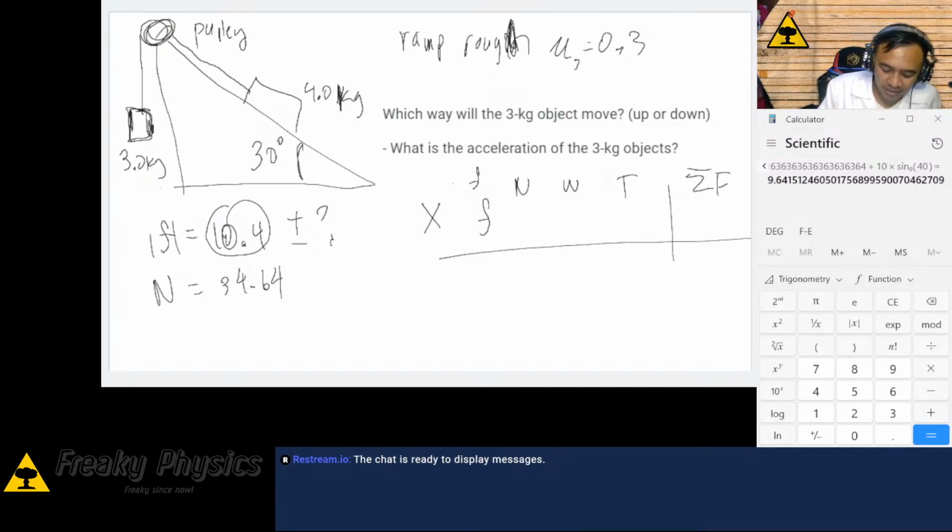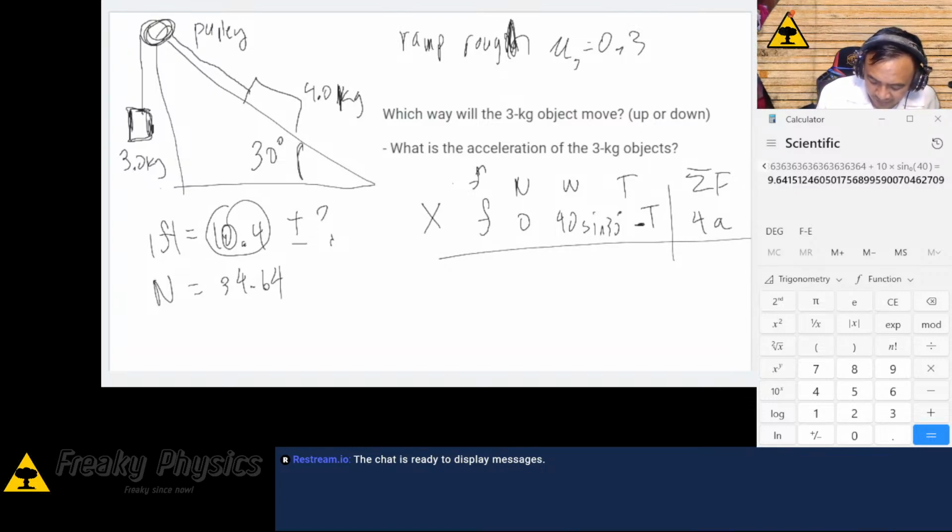We're going to ignore Y because we just used Y. So I'm going to assume that F is positive, N is 0 here. This is going to be 40 sine 30 degrees. And our tension is always going to be directed to the negative X direction. So that's going to be minus T here, and this is going to be equal to 4a.